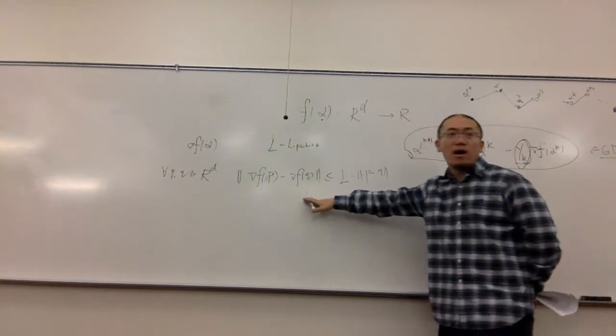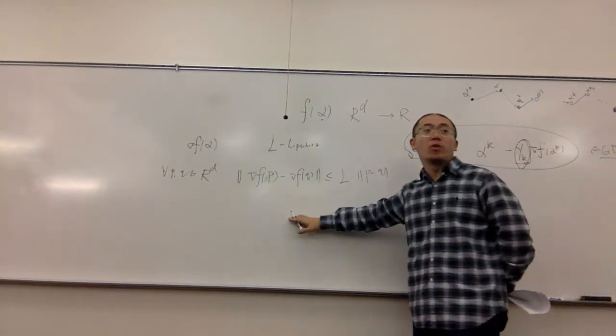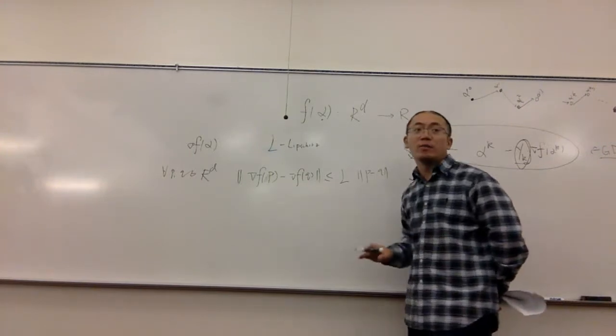Here they are all the default Euclidean norm. So this is called L-Lipschitz.